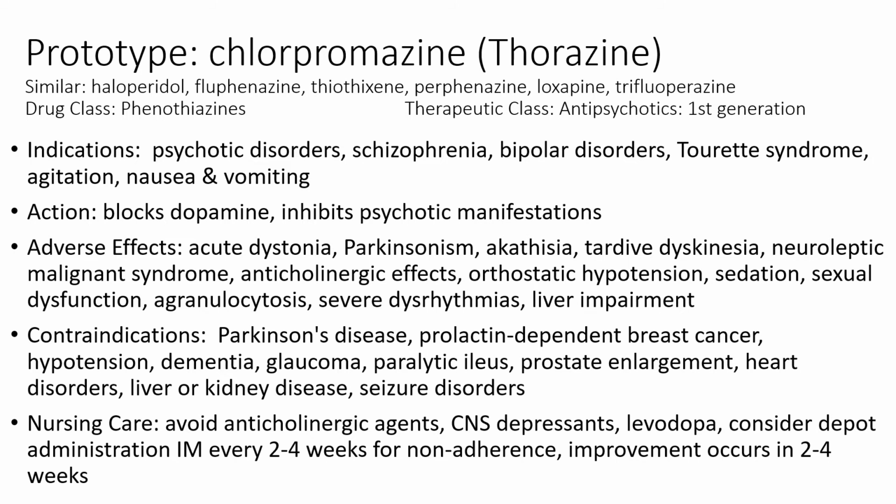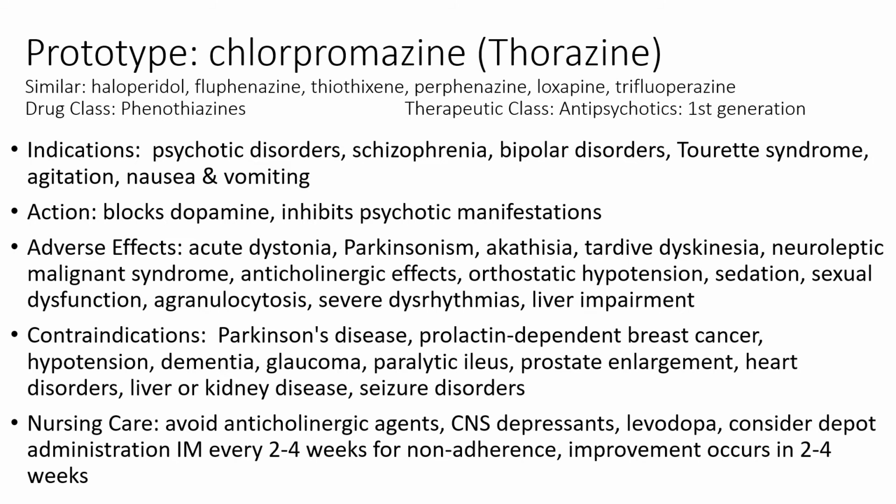So they're used for psychotic disorders, schizophrenia, psychosis in bipolar disorder. And really, I would think of these as blocking dopamine receptors in the brain. And I would think of the issue with schizophrenia or a psychotic disorder as excessive dopamine in the brain.